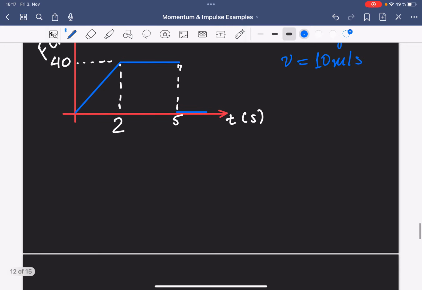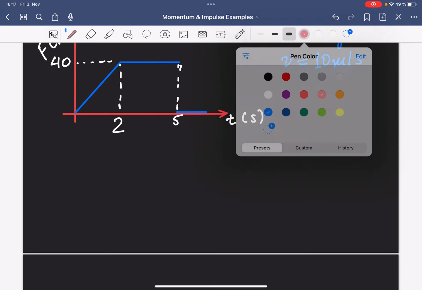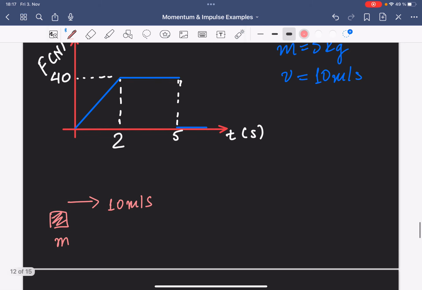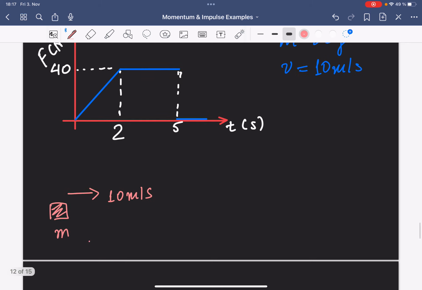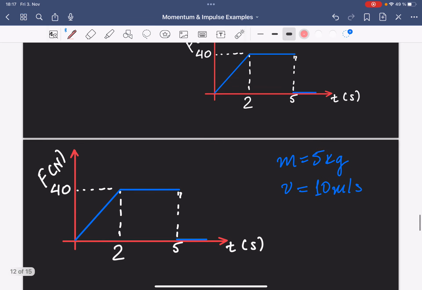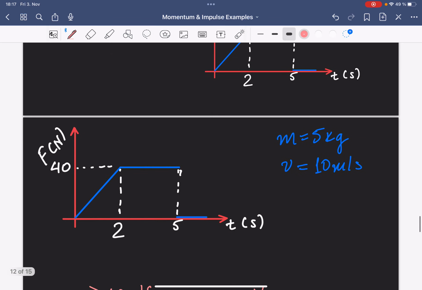Okay, so we have an object here, mass m, moving with the velocity of 10 meters per second, and then we have force F applied probably in this direction. We'll see how we can determine that a bit later, and then this will force the object m to acquire a new velocity, which we need to calculate at question B.